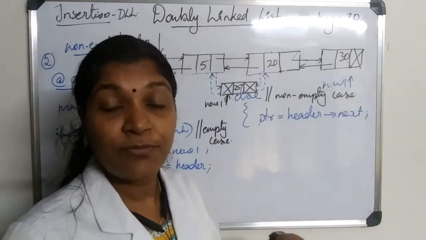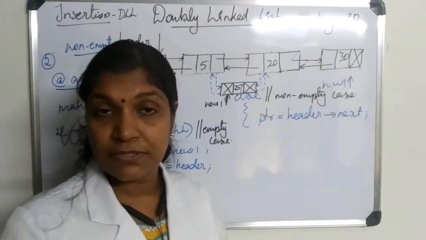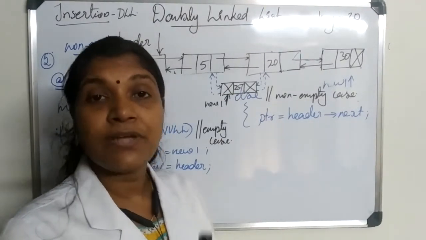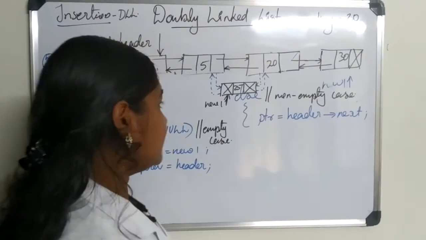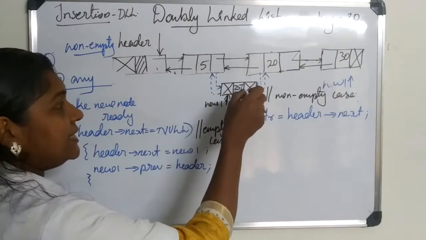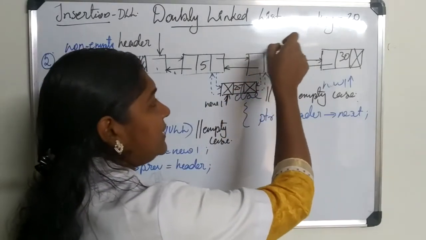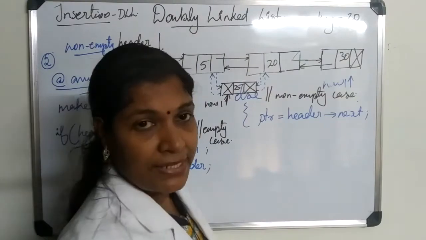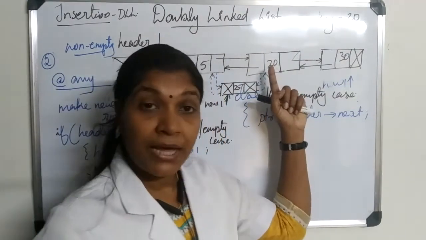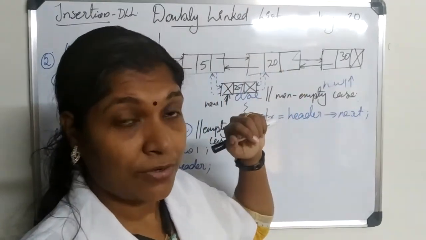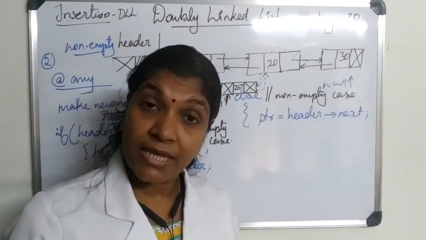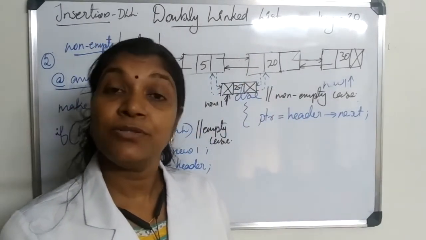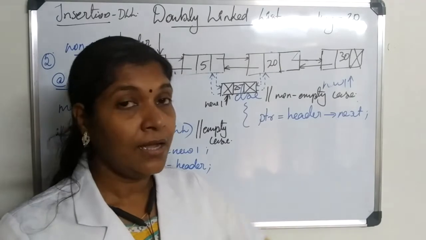So there is no need to make a second pointer to follow the first pointer while traversing itself. Okay. So on reaching here, how do we reach the node 20? By checking whether ptr data is equal to key element or not, right? And there can be a chance where the key element is not present. So we need to consider both the cases.